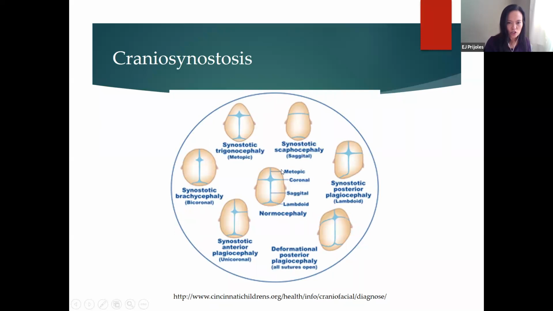And this is a depiction of the cranial sutures and what you might expect when you see fusion in some areas. So again, this is the normal depiction of the skull if you're looking at it from overhead, and the anterior part of the head and the posterior portion of the head, and your typical anterior fontanelle depicted here.